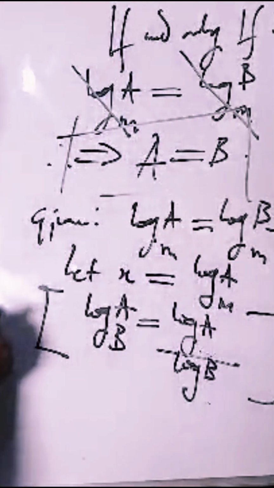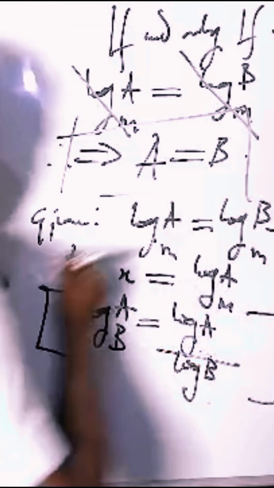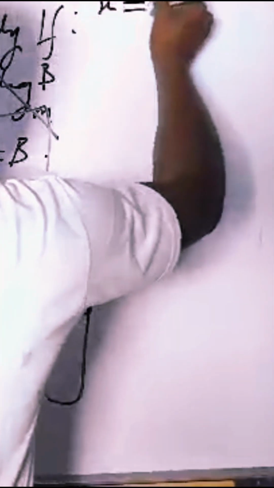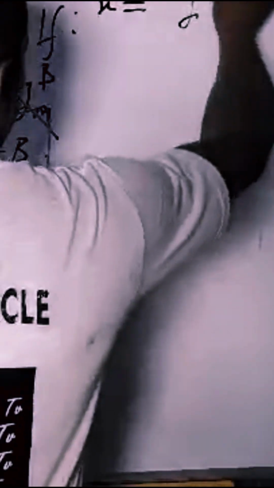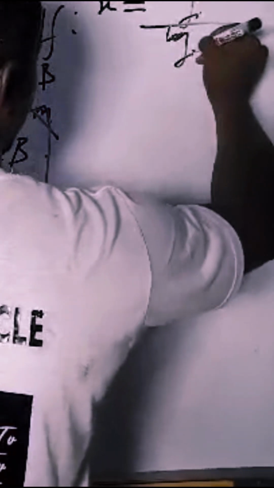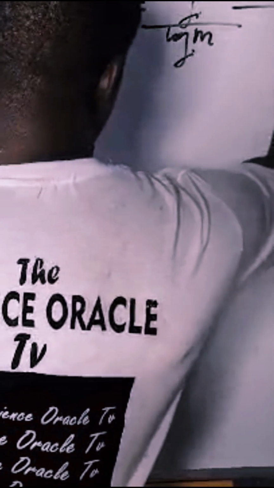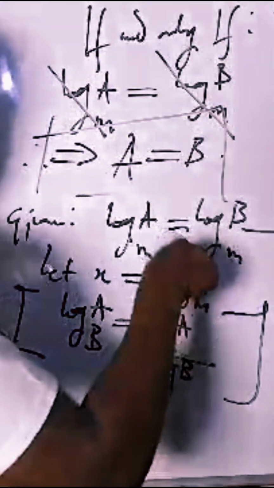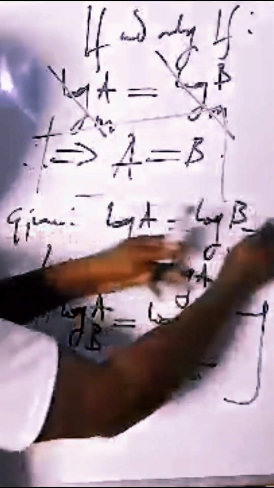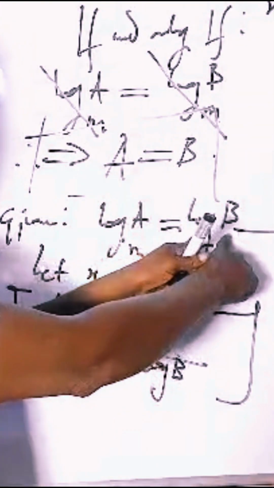Very correct. So if that is the case, it means that log a to base m, which is our x, now becomes the log of a divided by the log of m. We call this equation number 2. Similarly, what we did to this part of the equation, let us do to the other part. Where x is representing this, let us use y to represent this.